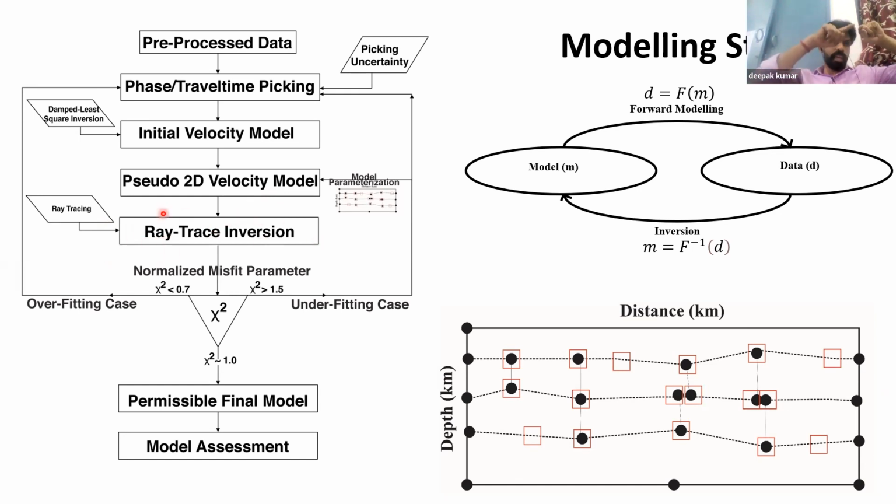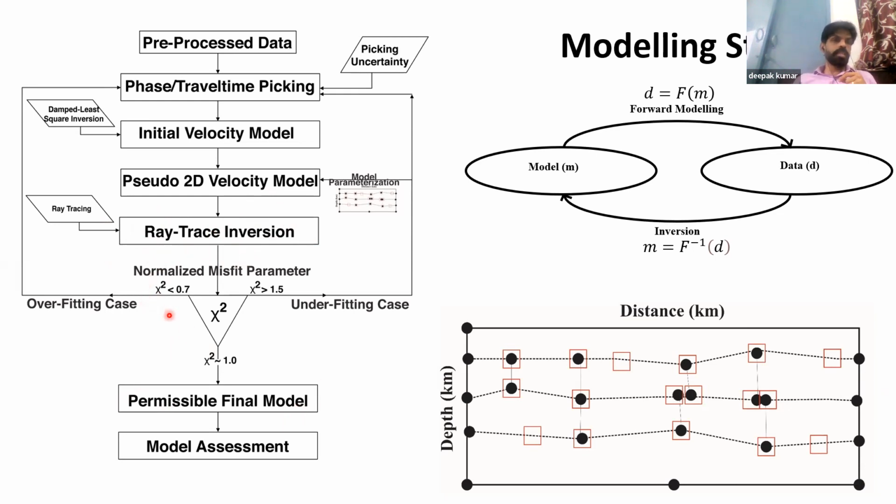We'll trace the rays, like we'll generate rays through the model, and we will see the density of the rays generated in that particular layer, and based on that we'll do ray trace inversion, and then we'll make the final model.